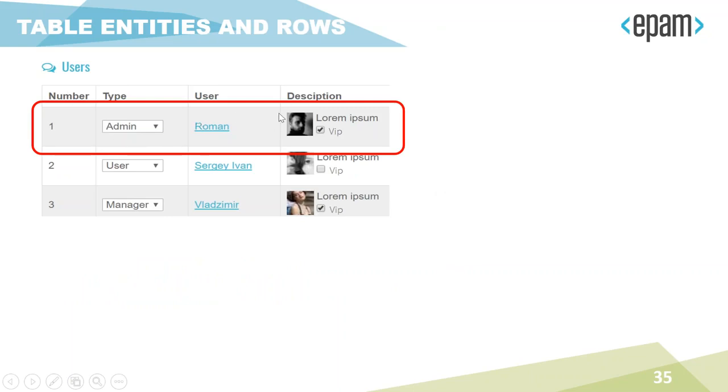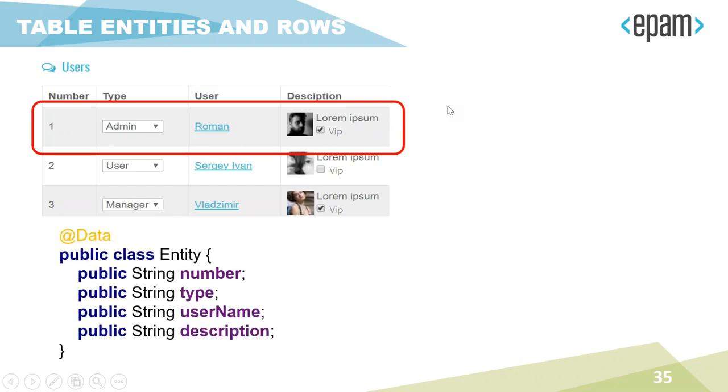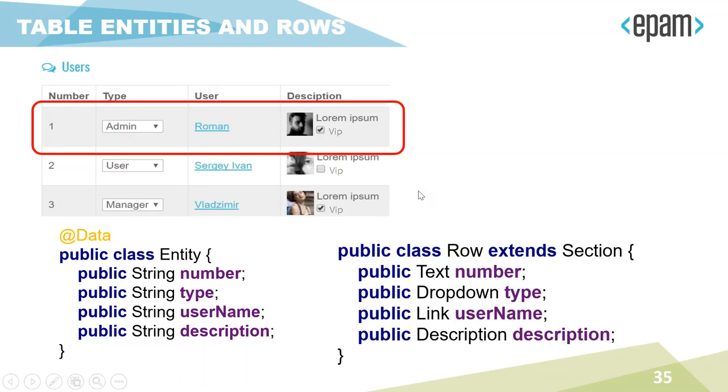For example, here we have the table of users, and each row can be specified as user data. We can set up some entity for this row. This is only data, so we have some number, some value in type, some username, and some description. And also you can specify the section for this row.